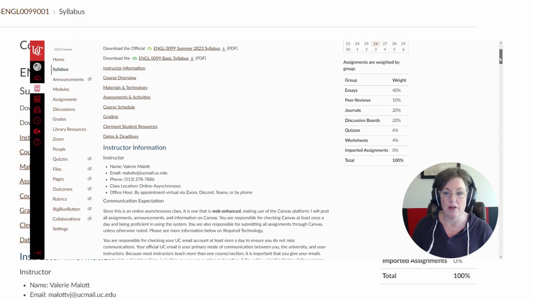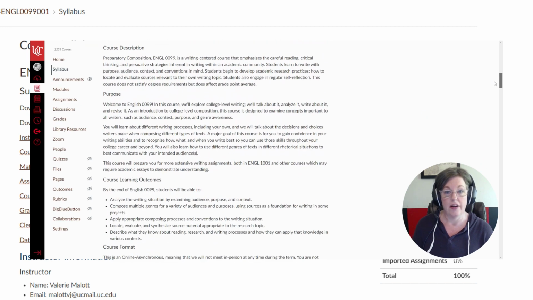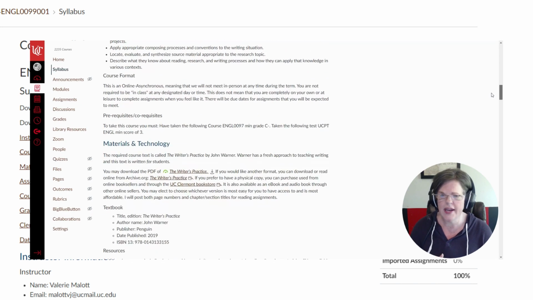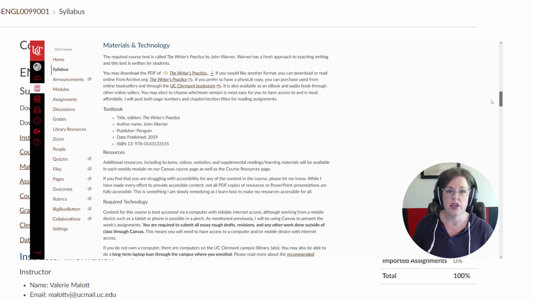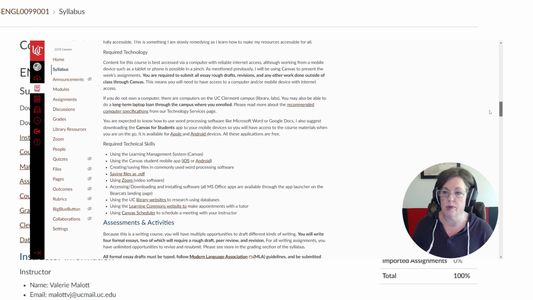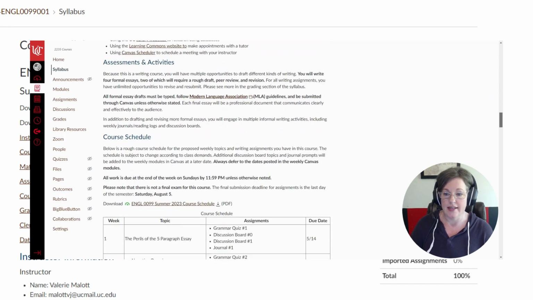Just for an example, I'm going to scroll through this very quickly. This is the online version of it. There's also a PDF version of it that's about 8 pages long. And it goes through all the things such as course outcomes, materials that you need, the textbook that you need, required technology, assessments and activities.